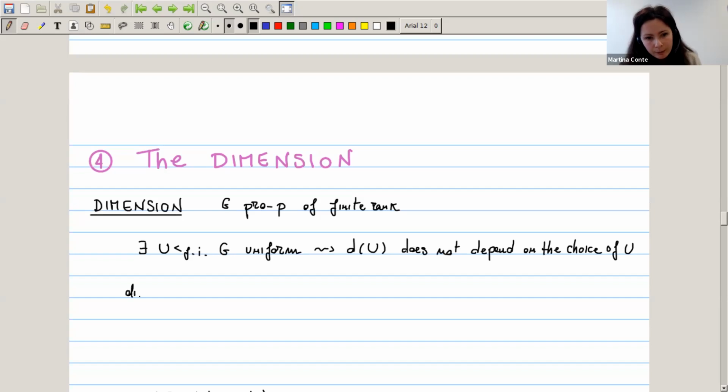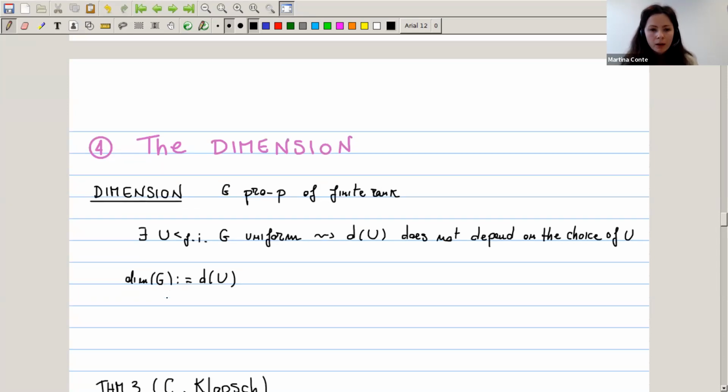So we define the dimension of G to be this common number D of U, where U is any uniform subgroup of finite index. It turns out that this number is the same as the dimension of G as an analytic manifold, but this is a completely group theoretic description of this.